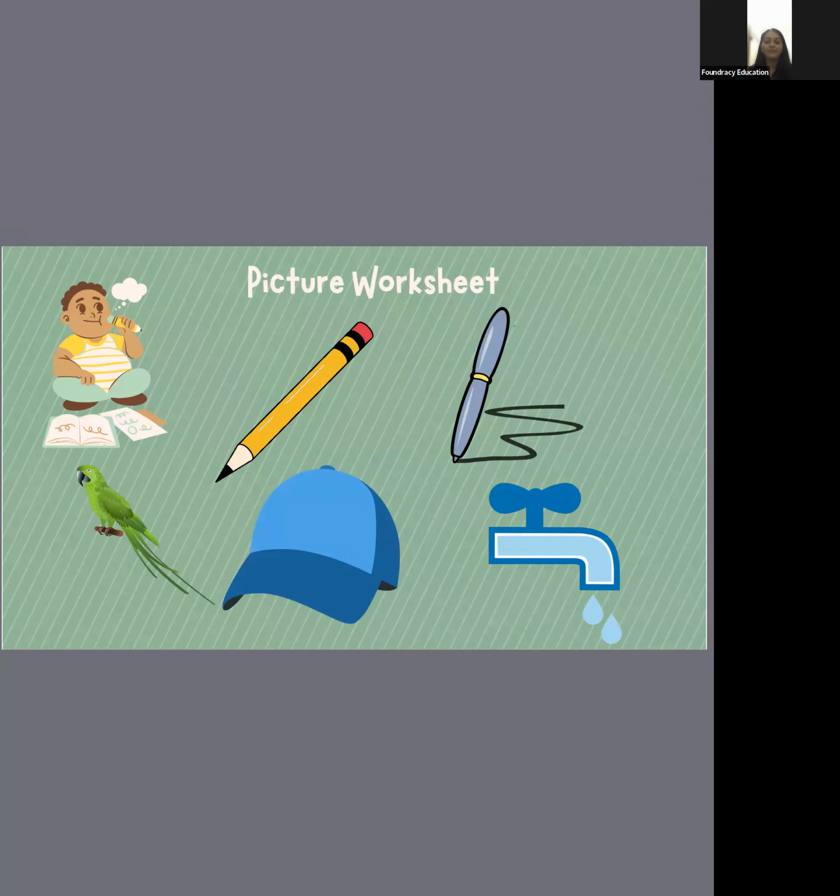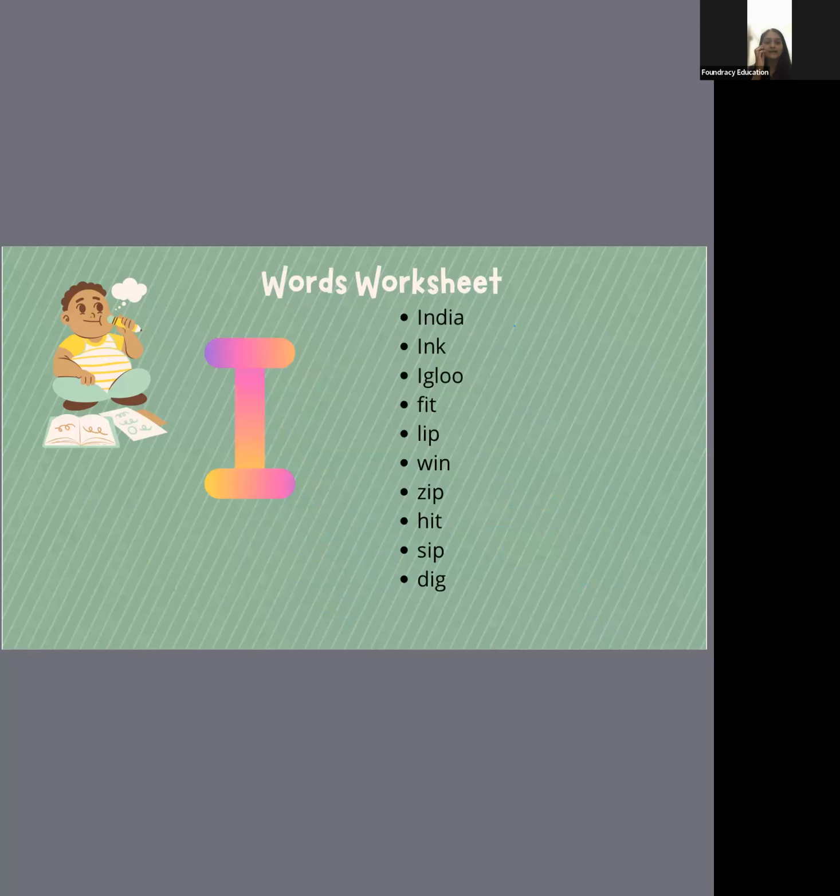Now we see the last sound for today, which is letter I, but the sound is E. It's not E, it's E. Without even stretching your lips, you should say it as E. Yeah, so this is I, India, I, ink, I, glue. Now, one more group. Since this is a vowel, it is supposed to come in between.